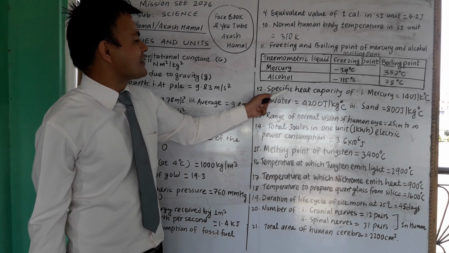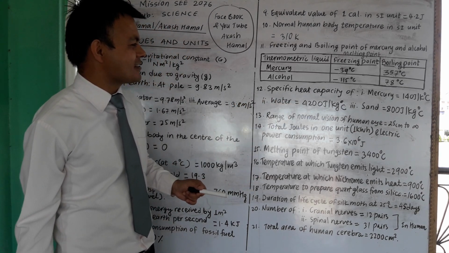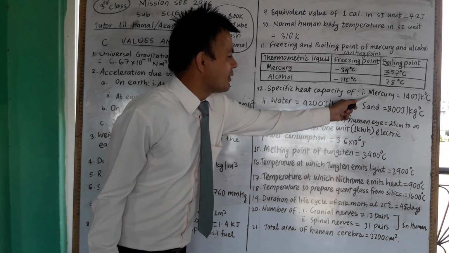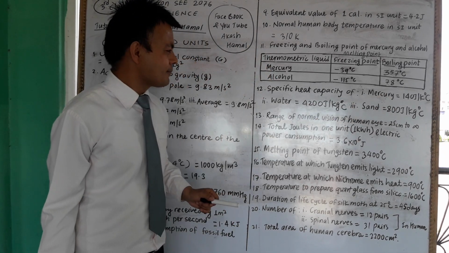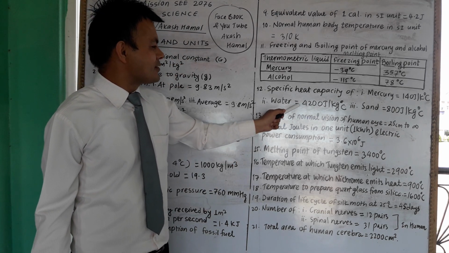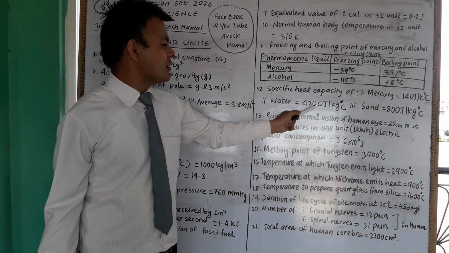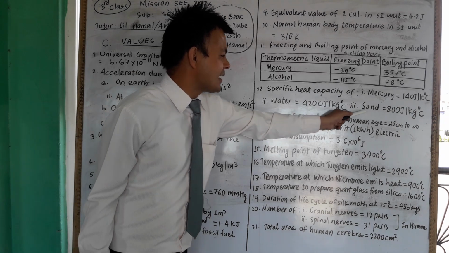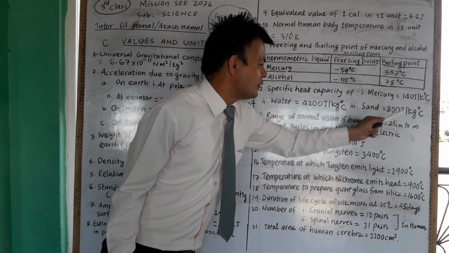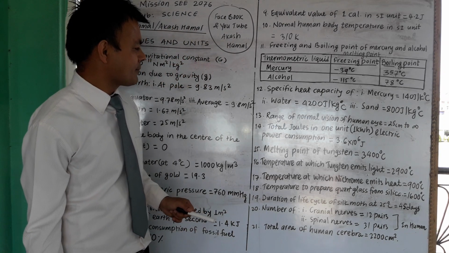Moreover, the specific heat capacity of different substances, such as the mercury, 140 joule per kg degree Celsius. That of the water is 4,200 joule per kg degree Celsius, and that of the sand is 800 joule per kg degree Celsius.